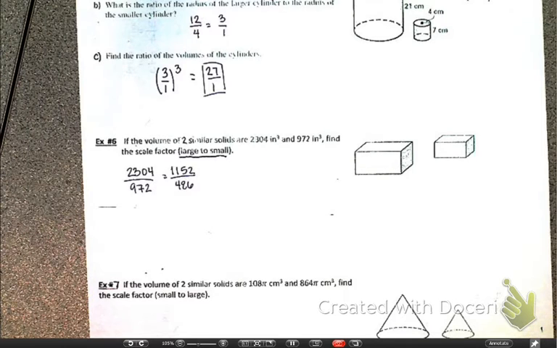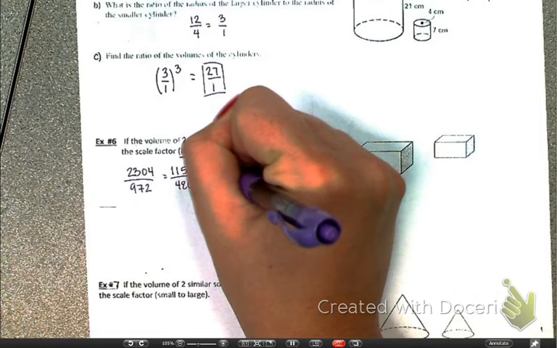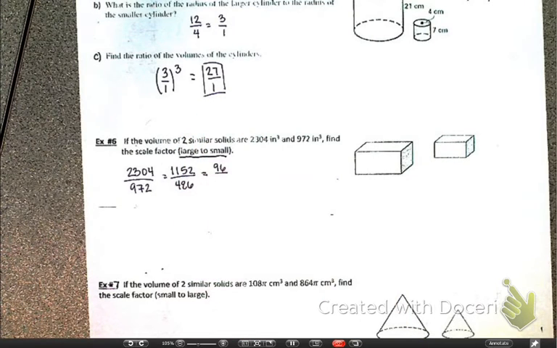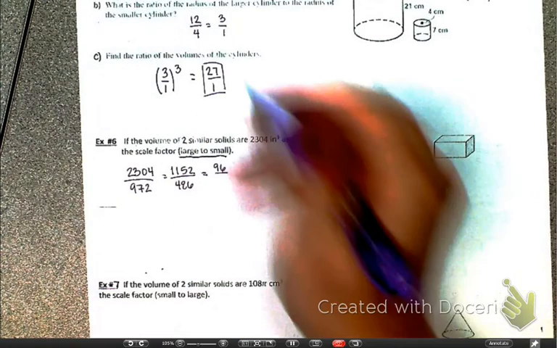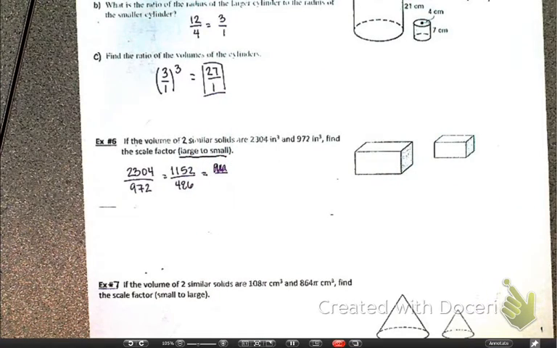Why don't we try 12 here? 1152 divided by 12 gives 96. If I divide 486 by 12, that doesn't work. 12 didn't work on that part.